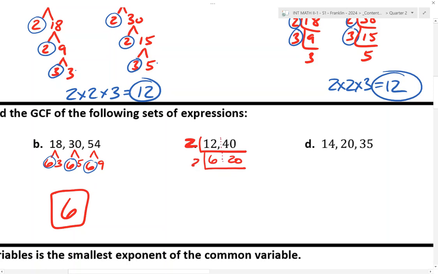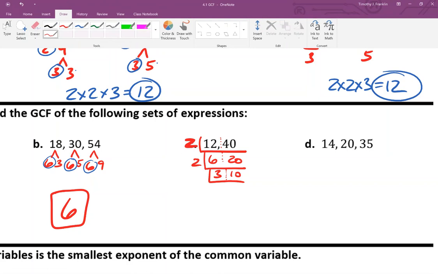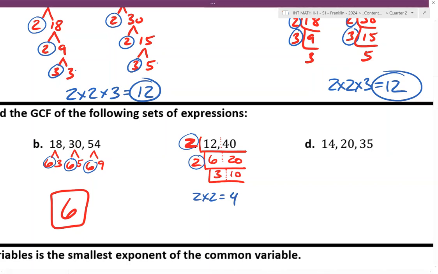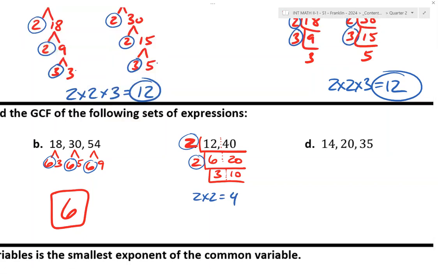Let's divide by 2 again, and we get 3 and 10. Now I know I can't go further because 3 is prime. 10 I could divide more, but I can't for 3, so I can pretty much stop there. So you can use hedging in this way, and you know that they both have a 2, they both have a 2, so that's 2 times 2 equals 4. 4 is our GCF on this one.